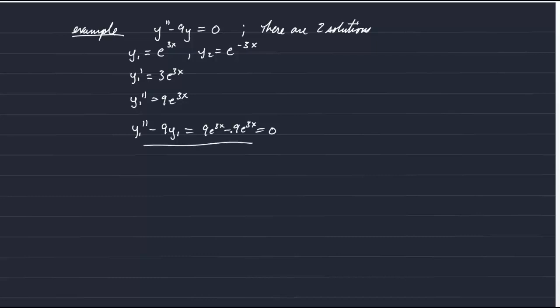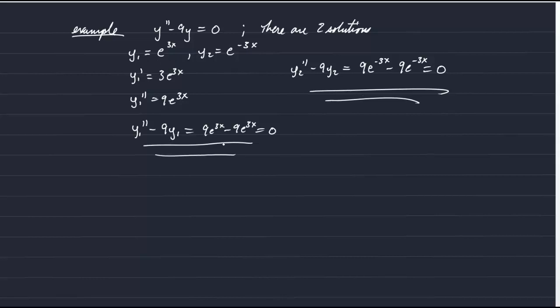Good. Likewise, y2 double prime minus 9y2 is equal to 9 e to the minus 3x minus 9 e to the minus 3x, and that's equal to 0. So we've verified that each of these solutions solves this equation.